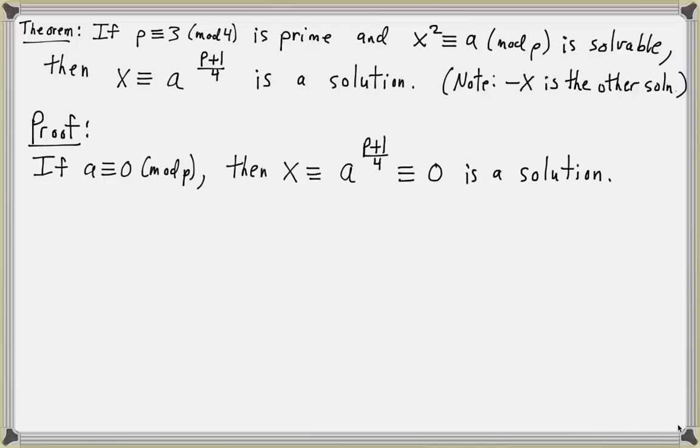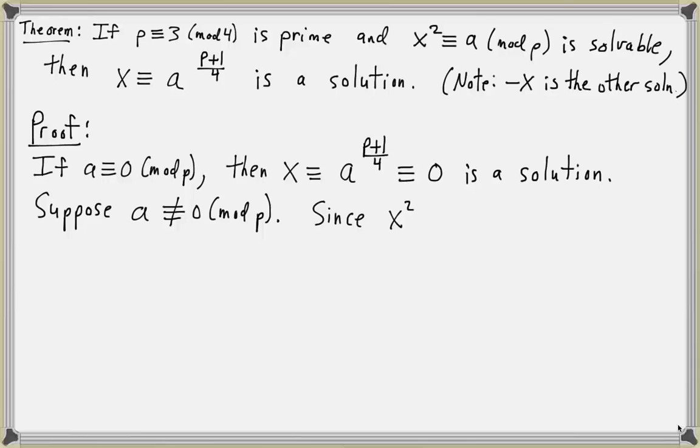So if a is congruent to 0 mod p, then 0 is the solution. Now let's suppose that a is not congruent to 0 mod p.